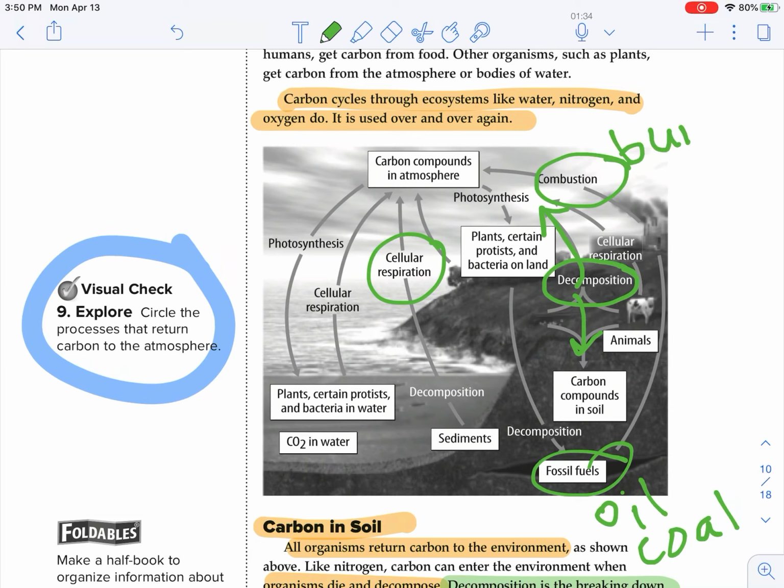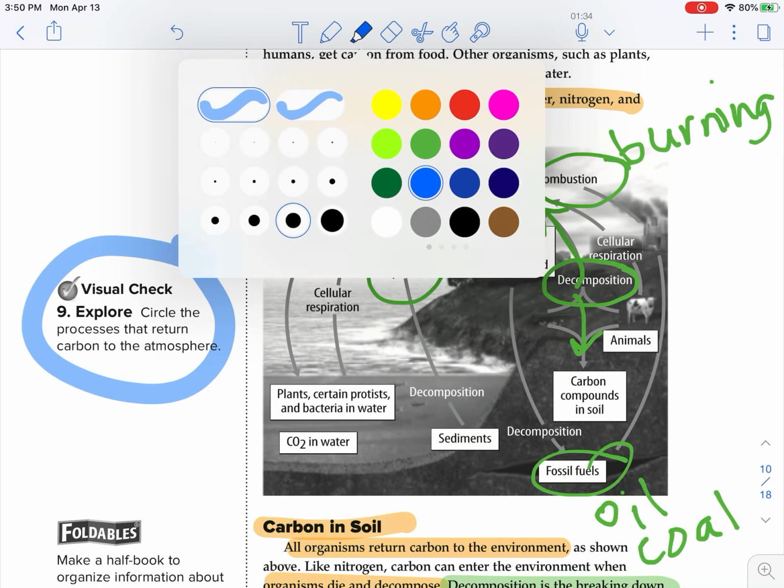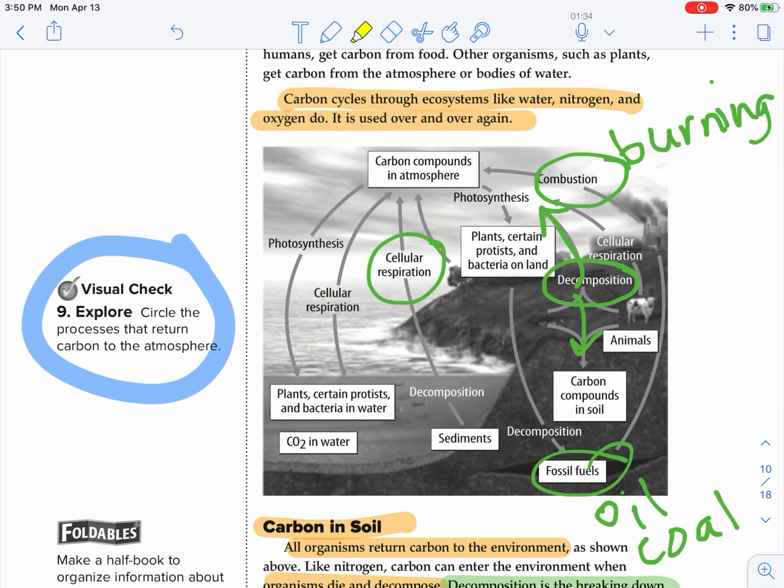So that is going to be with our factories. That's what this picture is showing. So those are the ways that the carbon dioxide is being returned to the atmosphere. So let's take a look at how the carbon in the atmosphere is being used.